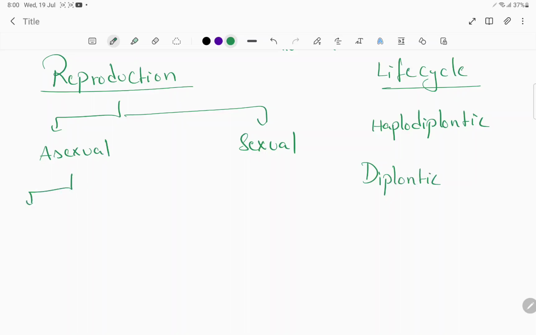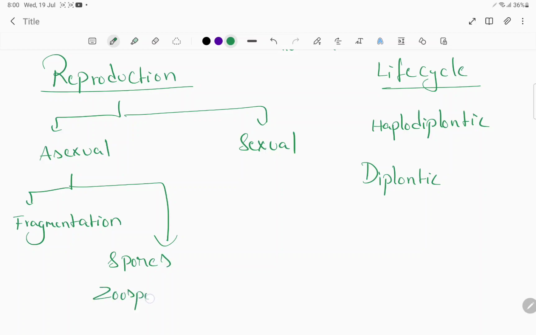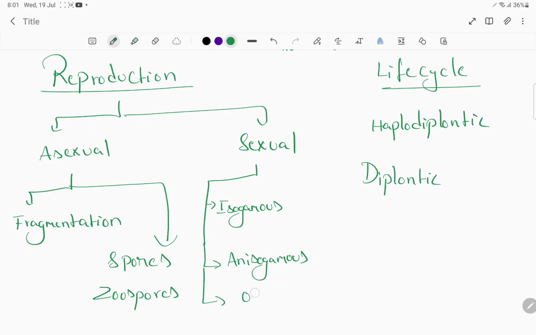Coming to asexual, you have fragmentation and spores, zoospores. Coming to sexual, we have isogamous, anisogamous, oogamous. For isogamous, remember Ulothrix.